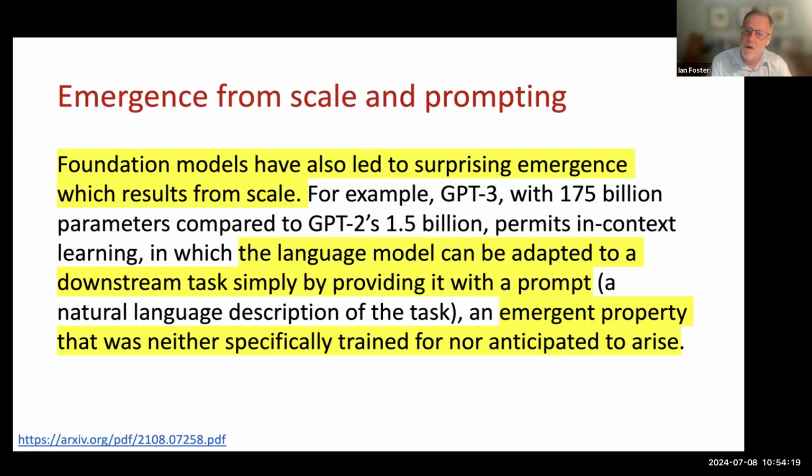Later models, which differ primarily in being larger and trained on more data, not other things as far as we know, have this interesting property that they can be adapted for some downstream tasks simply by providing a prompt describing the task to be performed, and the ability to solve that task then emerges from the model itself.